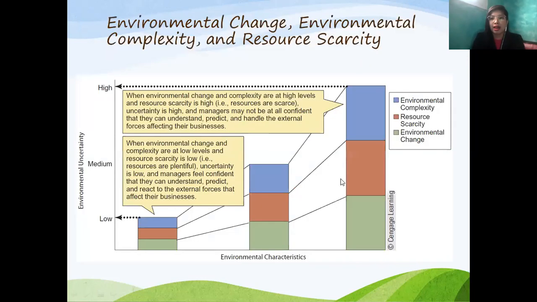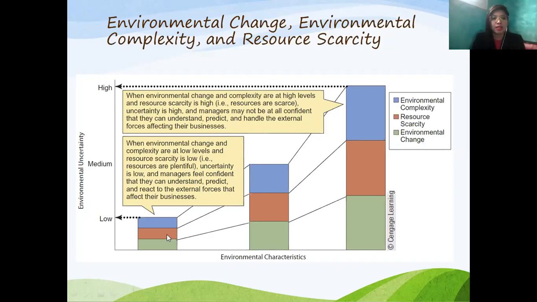So here in the example figure, the blue color represents environmental complexity, the resources are represented by the red color, and environmental change by the green color.